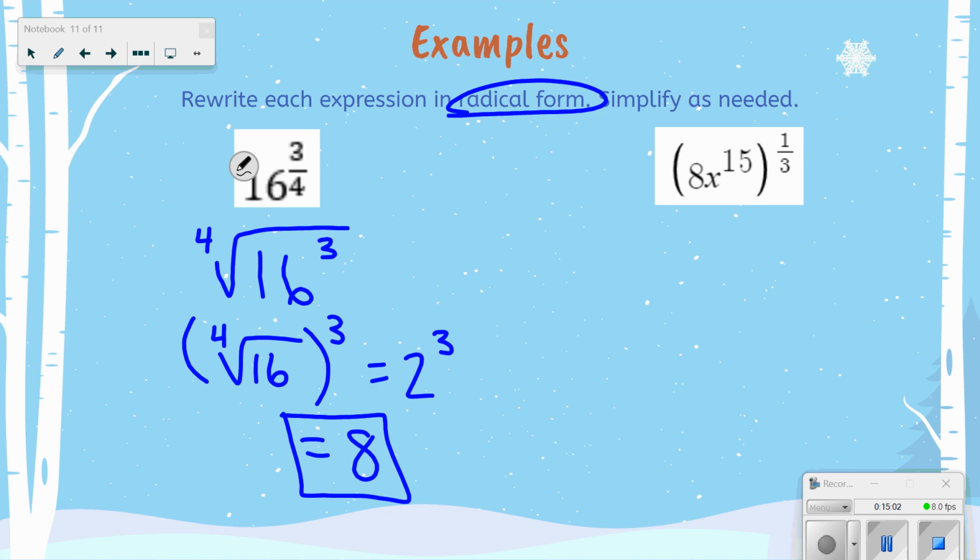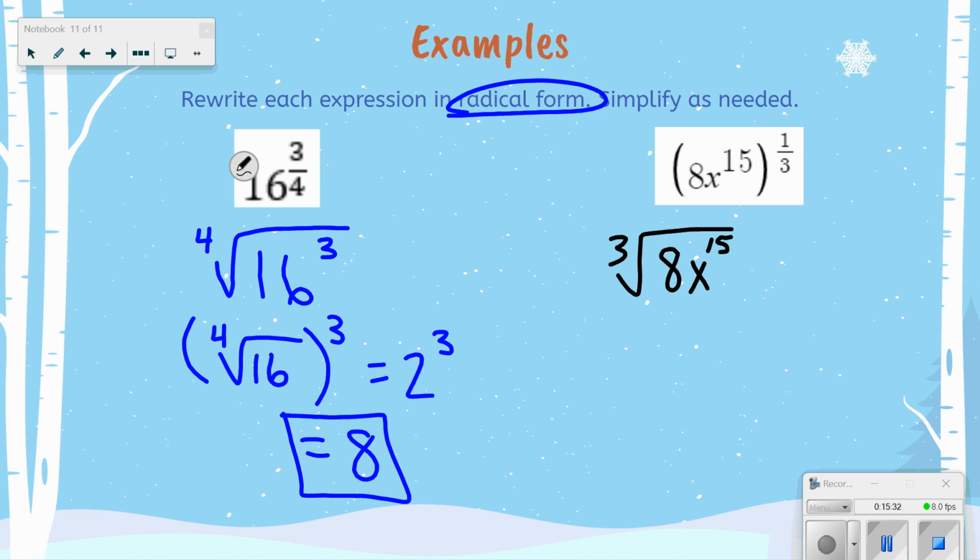Our second problem, we have 8x to the 15th all raised to the 1/3 power. What are you guys thinking about with this problem? If we have the 1/3 power, what symbol does that mean? Cube root. And does everybody see how I have parentheses around this? So all of this is taken to the cube root, which means I'm going to have 8x to the 15th all inside.